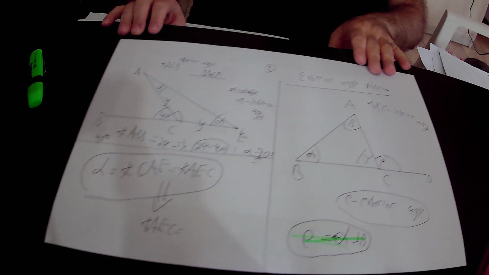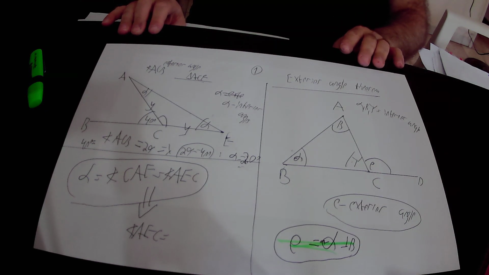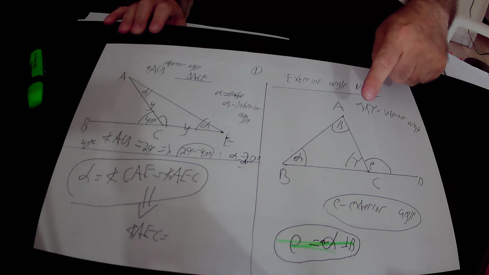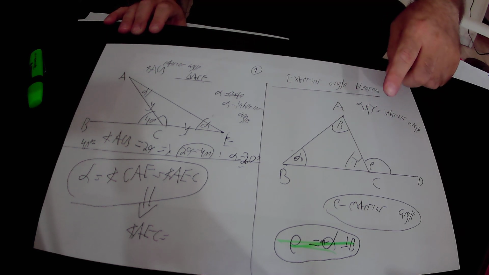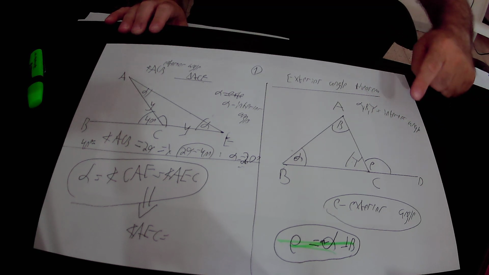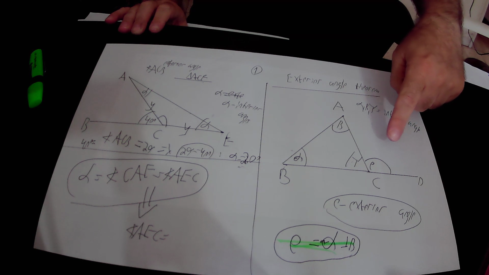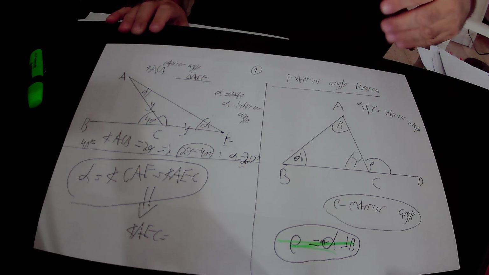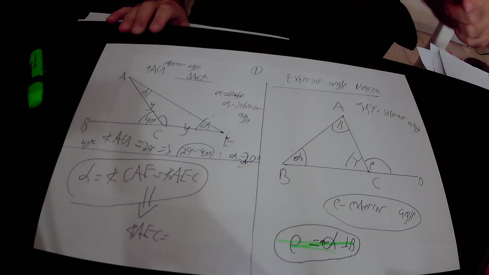Then I presented to you the exterior angle theorem. According to the exterior angle theorem, if this is triangle ABC, and alpha, beta, and gamma are interior angles, angle E is the exterior angle. Then the size of the exterior angle, angle E, will be equal to alpha plus beta. This is the sum of the two interior angles that are not adjacent to it.